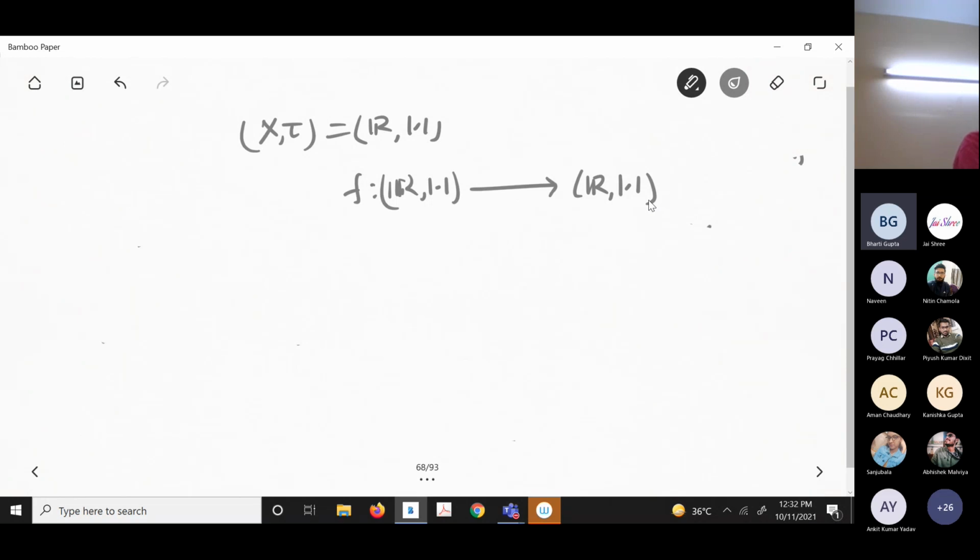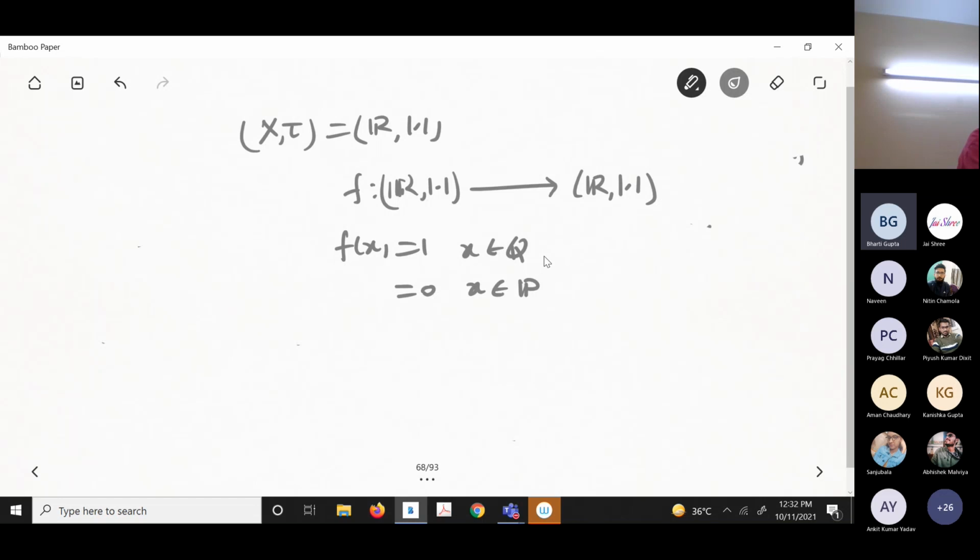Now I have given some examples. First of all, you assume that f(x) equals 1 if x belongs to Q, and equals 0 if x belongs to P, where P is the irrationals. Look, this is discontinuous everywhere.